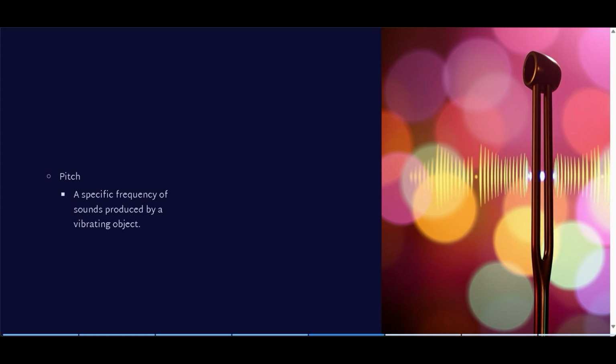So that's called a pitch. Pitch is the 256 hertz part, but the note is something else. The note is the same thing as pitch, but the note is the name given to a specific pitch. I hope you get it.